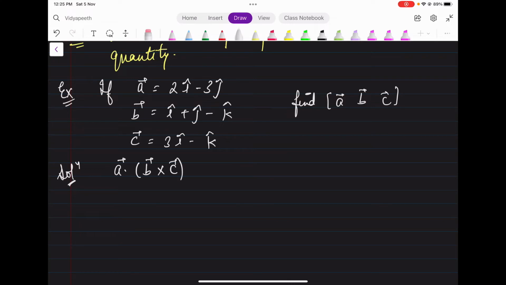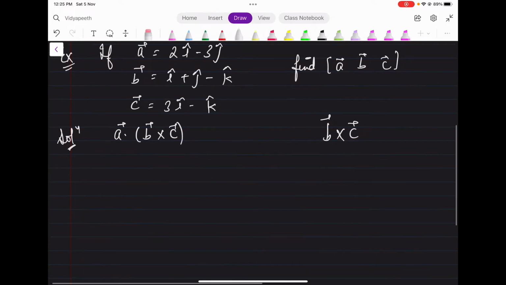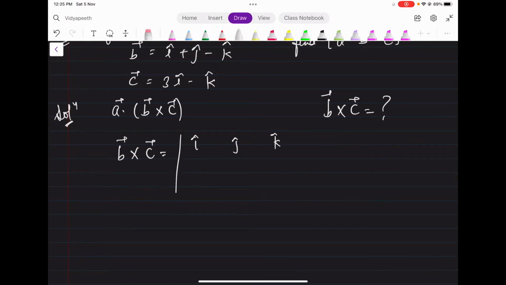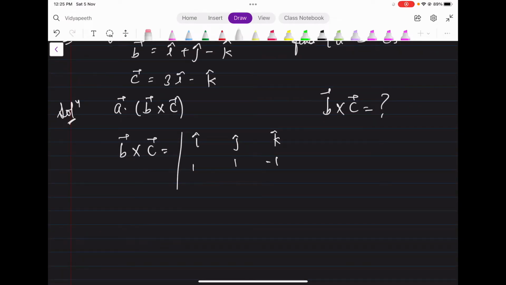First of all we need to find the value of B cross C. We know how to take the cross product between two vectors. So B cross C is nothing but, take the determinant i, j, k, and now write the elements corresponding to B, that is 1, 1 and minus 1, and corresponding to C, that is 3i, 0j and minus 1k.